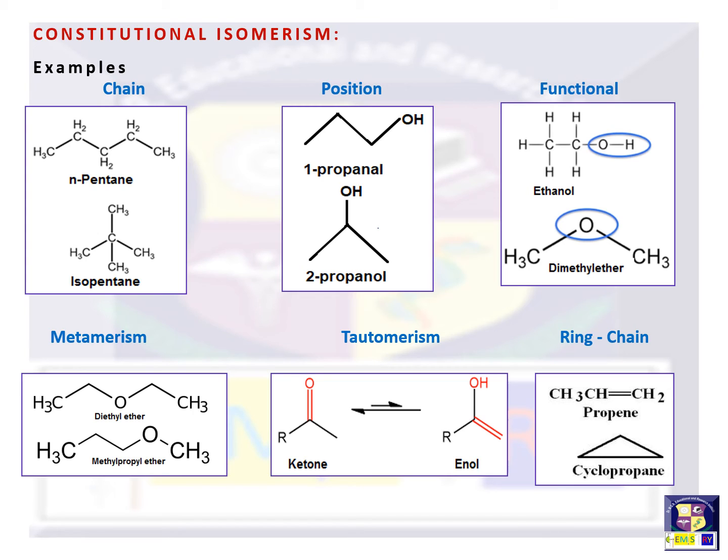For metamerism, diethyl ether and methyl propyl ether, where the number of alkyl groups attached to either side of the functional group O is different. In the case of tautomerism, keto-enol tautomerism is given. Other than this, enamine tautomerism also exists as an example. For ring chain isomerism, propene in a linear fashion and cyclopropane are two examples.